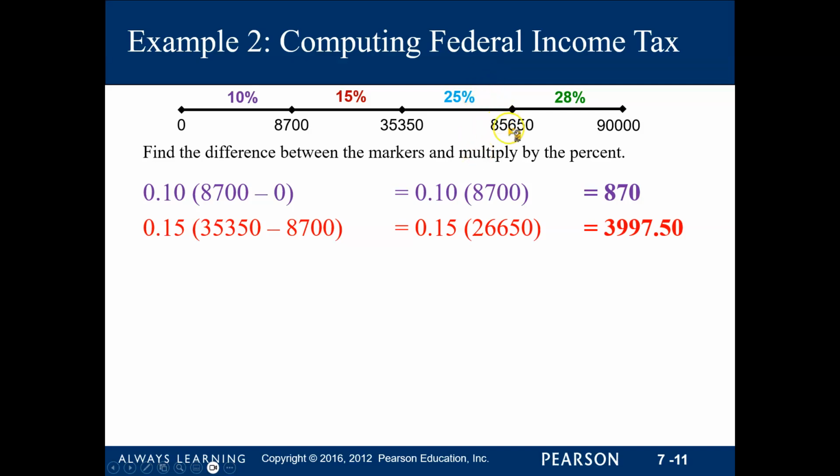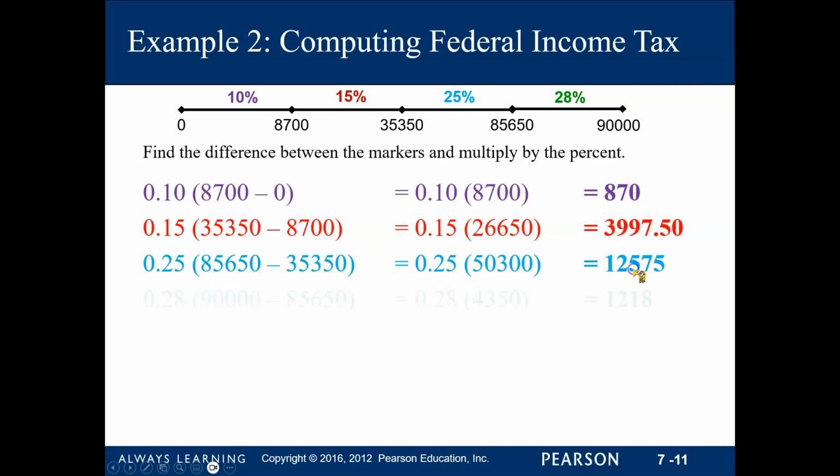The next marker, 85,650 minus 35,350, is subject to 25% income tax. That's 12,575. And then the last group, 90,000 minus 85,650, we subject it to 28% income tax, and that's going to be 1,218.